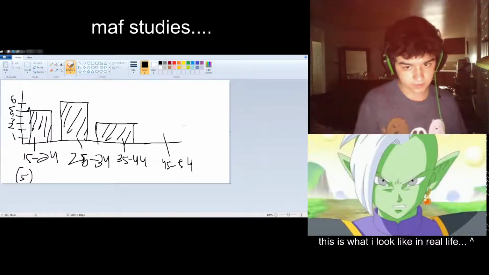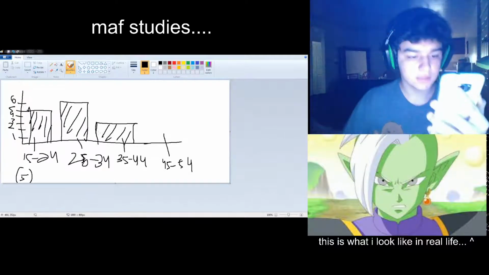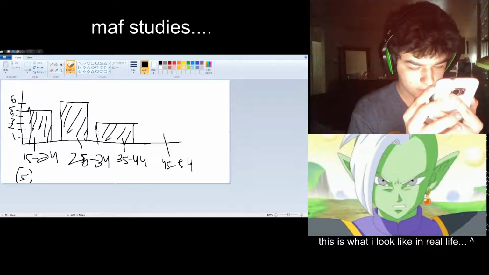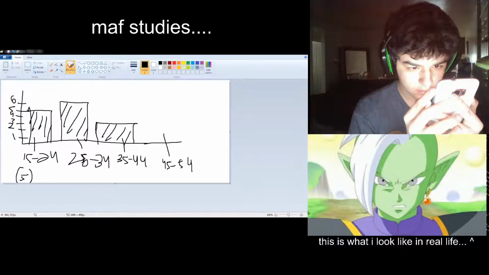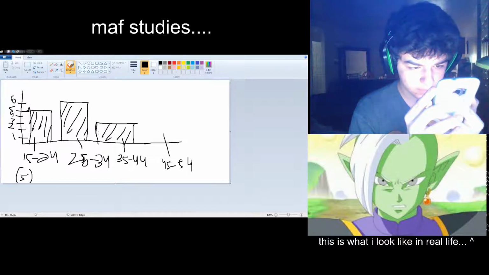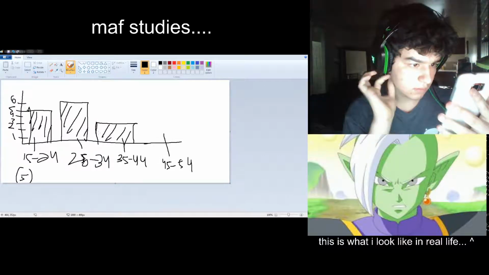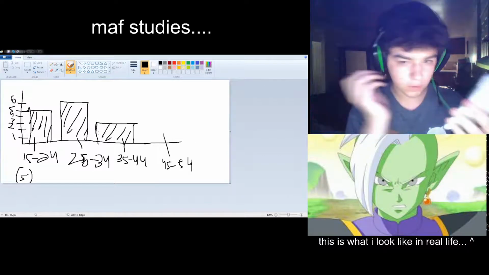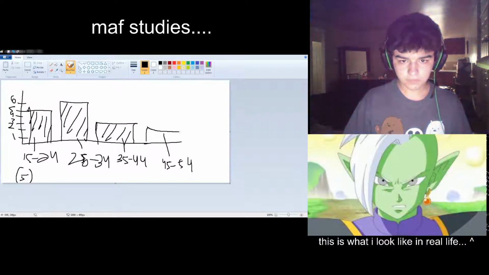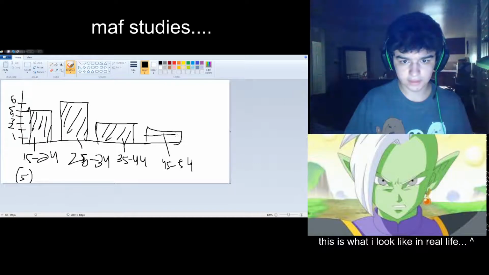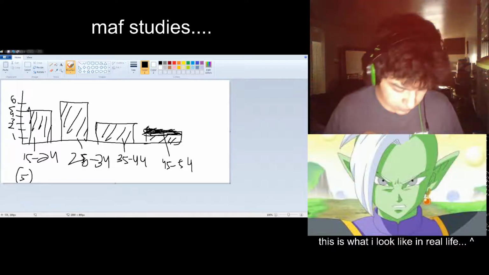And then 45 to 54 is 1. So that goes on the number 1 line. Ignore that. The part that's blacked out isn't important. The part that has lines is important. So number 1 would be the answer for question 3.